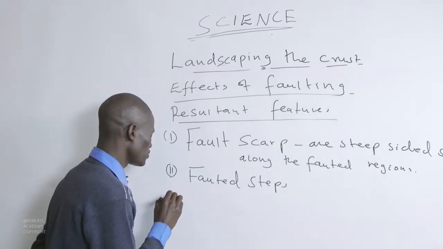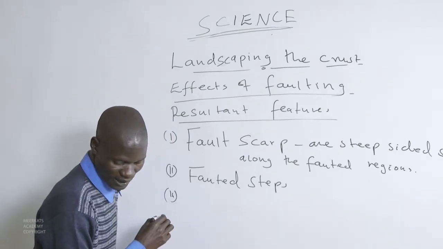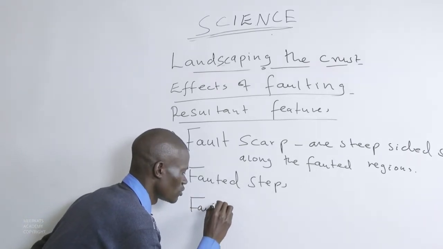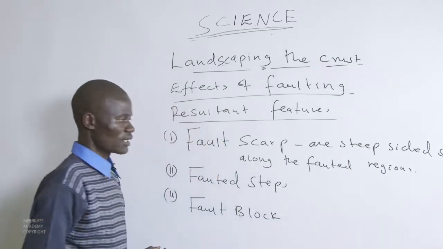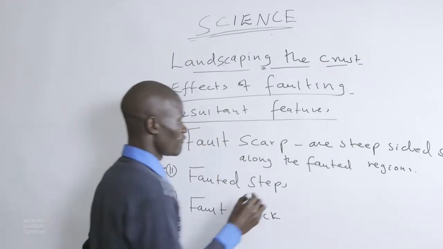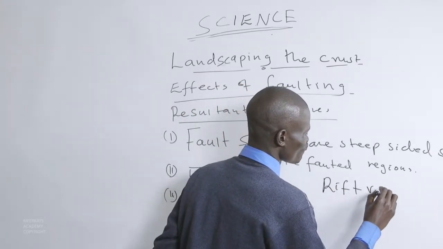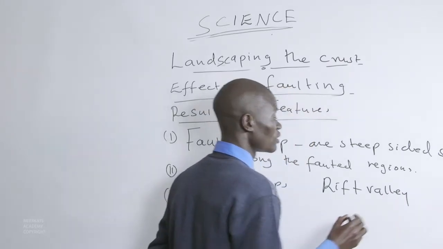It may also lead to the formation of what we call the fault block. And also form what we call the rift valleys, or what we call the graben.